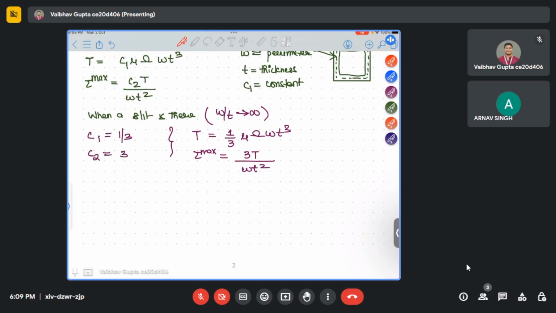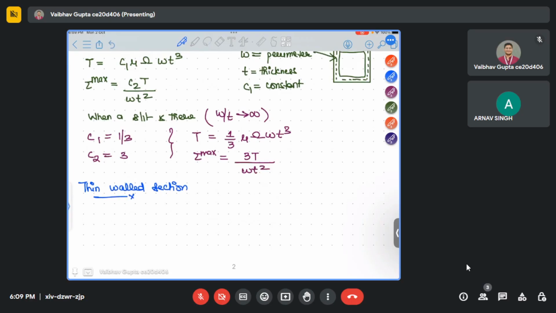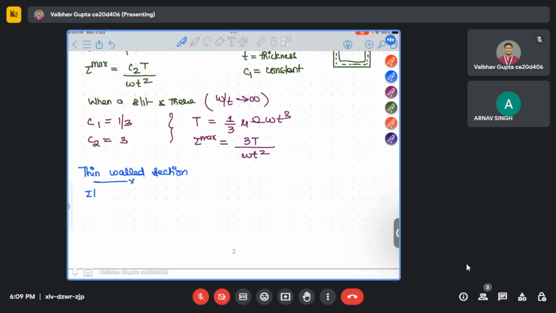The last formula which we use is for thin wall sections. For thin wall sections, tau T remains constant. T will be given as 2 into tau into T into A, the enclosed area.